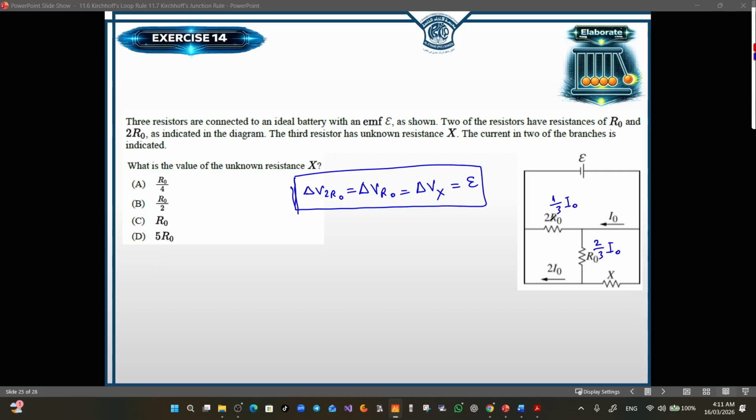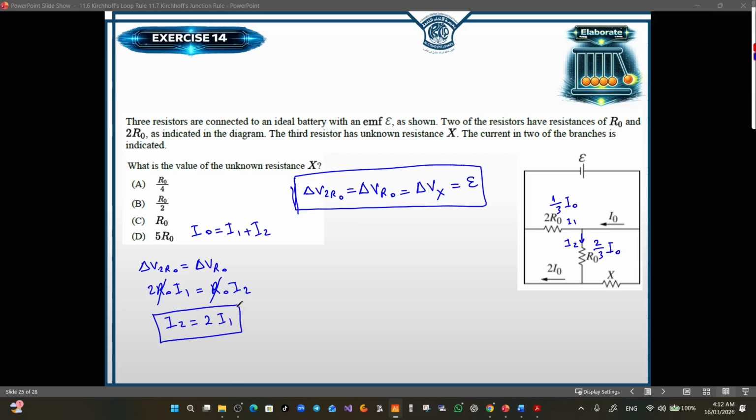We know that the two resistors are under the same electromotive force, so the delta V2R0 equals the delta V of R0. Now, we don't know what the current is here or here, but we know that I0 will be split into I1 and I2. So let's call this I1, and this one here is I2. Now, delta V2R0 is 2R0 multiplied by I1 equals R0 times I2, which means if we cancel R0 with R0, I2 is equal to double I1.